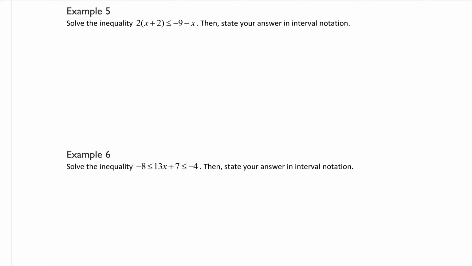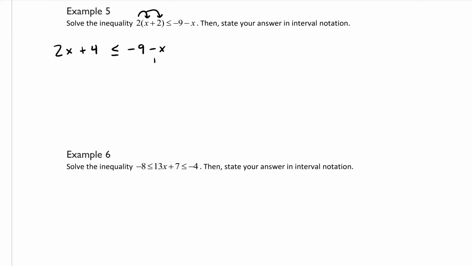The first thing that we want to do is distribute the 2 into both of these terms so that we can get everything with a variable on one side and everything without a variable on the other side. If I distribute, then we get 2x plus 4 is less than or equal to negative 9 minus x.